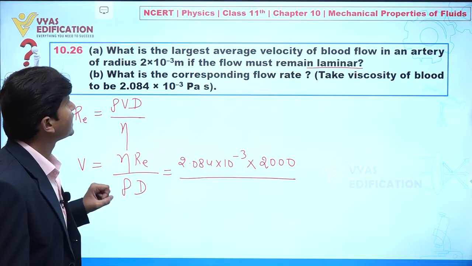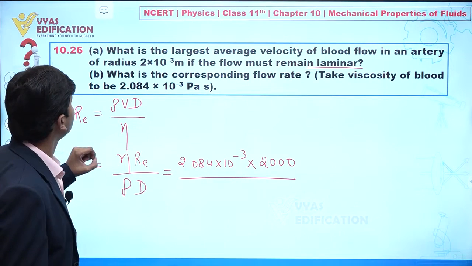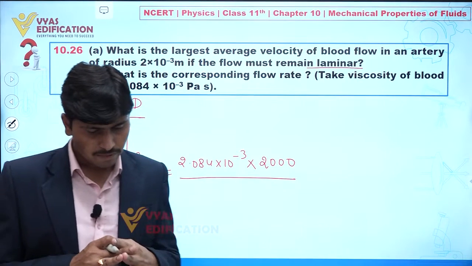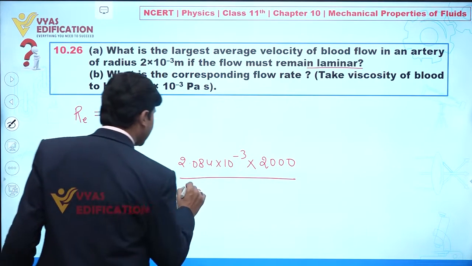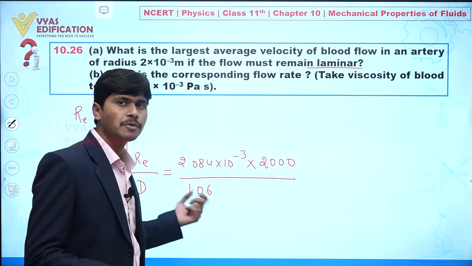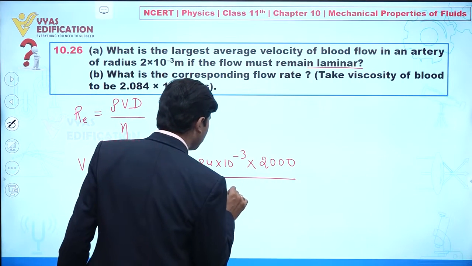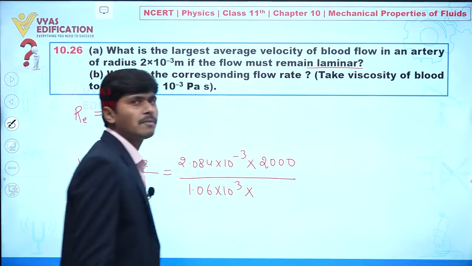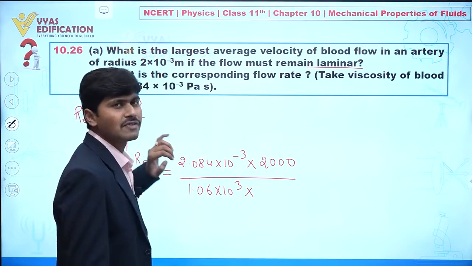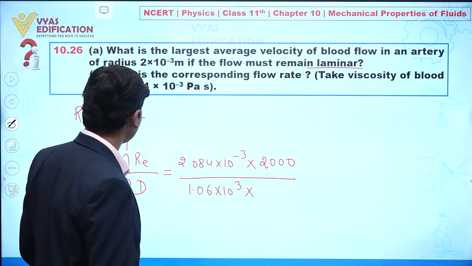If I am talking about density, because this is blood, clear? So what is the density of blood, you know? Yes, we know the density of blood is 1.06 into 10 to the power 3, clear? And what about diameter? The radius is given to you, clear? So how can we write the diameter?